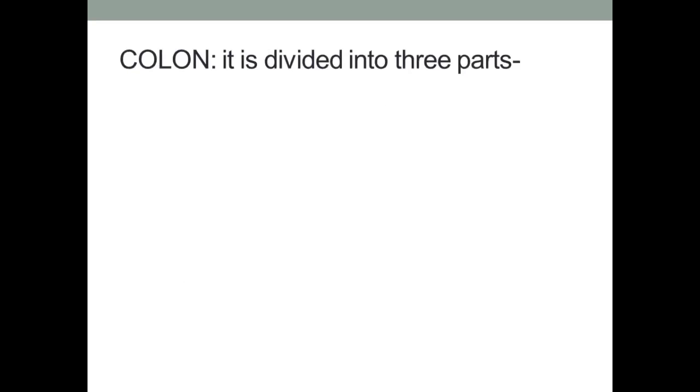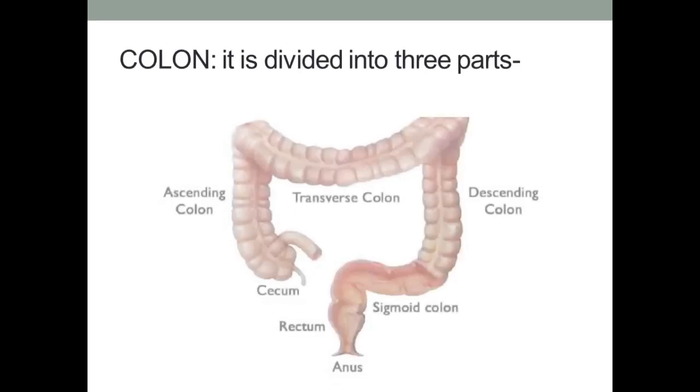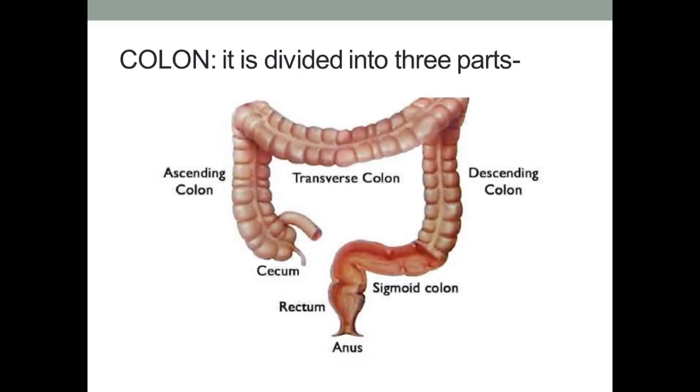This colon is divided into three parts. What are they? They are the ascending colon, transverse colon, and descending colon. So you can see here, I will tell you the function of these three parts of the colon. See, first about the ascending colon.